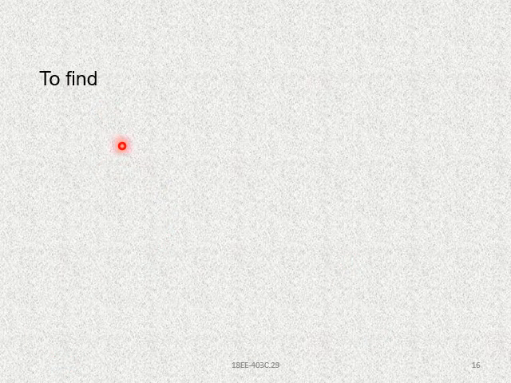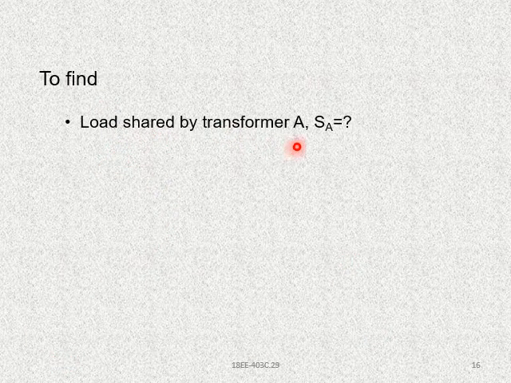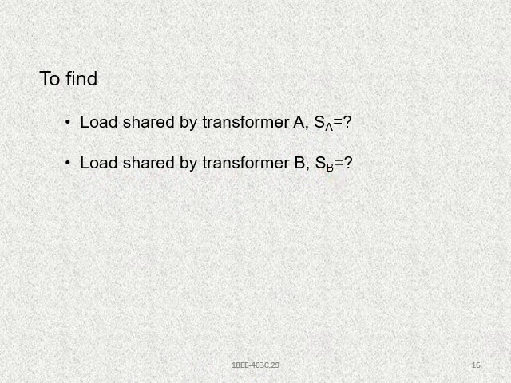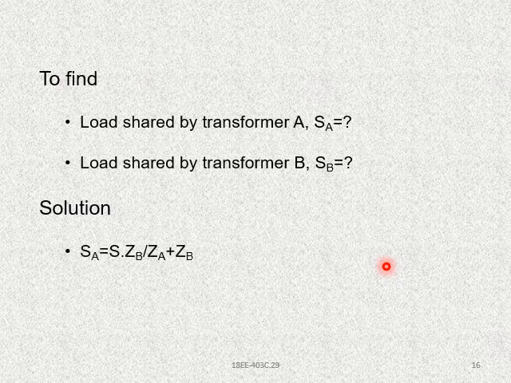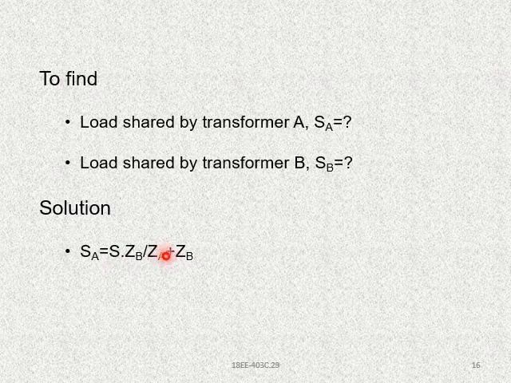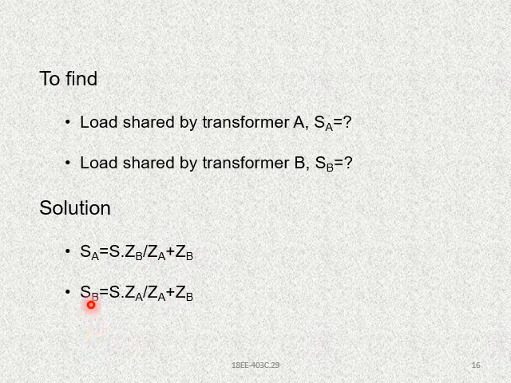Now we need to find the load shared by transformer A, that is SA, and the load shared by transformer B, that is SB. These are the two things we need to find. We have the formulas: SA is equal to, as I said in the previous one, S into ZB by ZA plus ZB, and similarly SB is equal to S into ZA by ZA plus ZB.